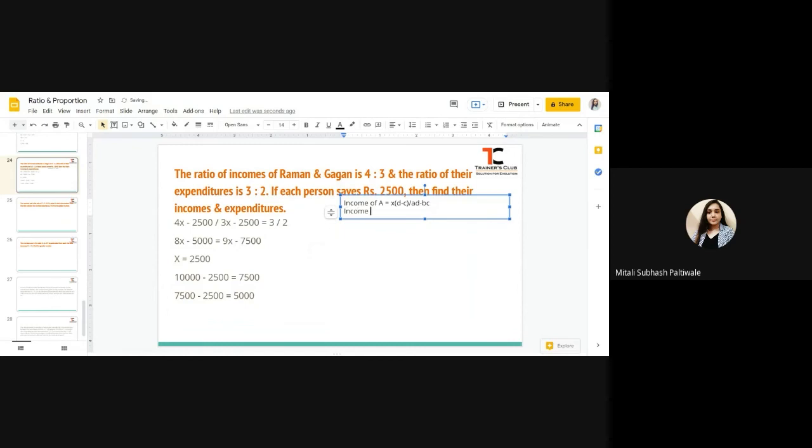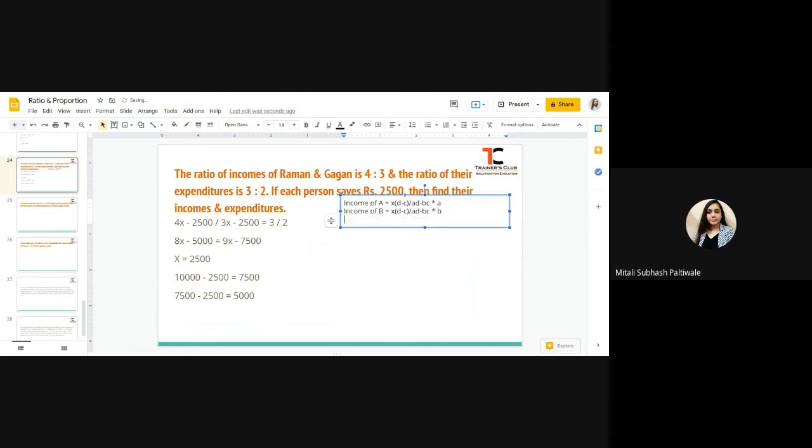Income of B will be equal to X(B minus C) by, sorry, here it is multiplied with A, and AD minus BC into B.